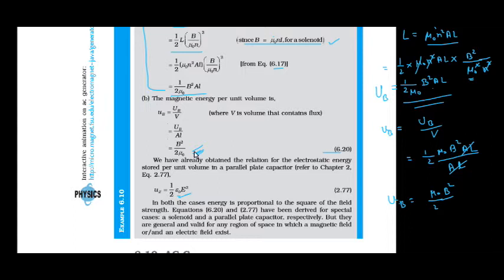Here it is magnetic field strength B square, and here it is electric field strength E square. Equations 6.20 and 2.77 have been derived for a special case, a solenoid and a parallel plate capacitor respectively, but they are general and valid for any region of space in which a magnetic field or an electric field exists. So we have done it.